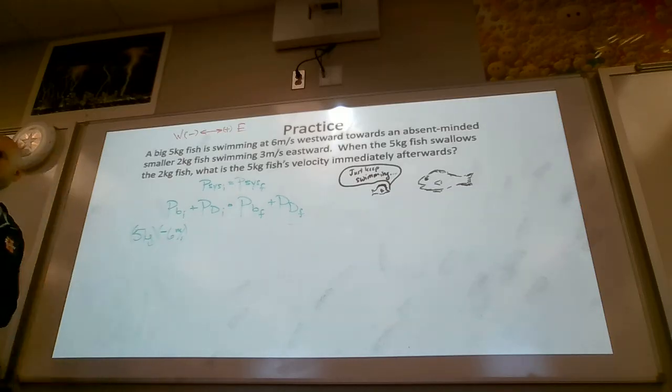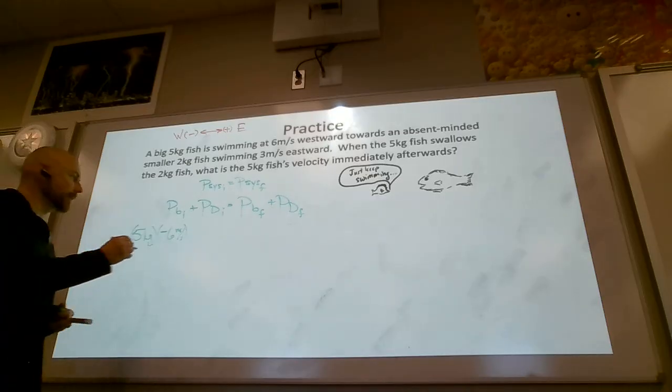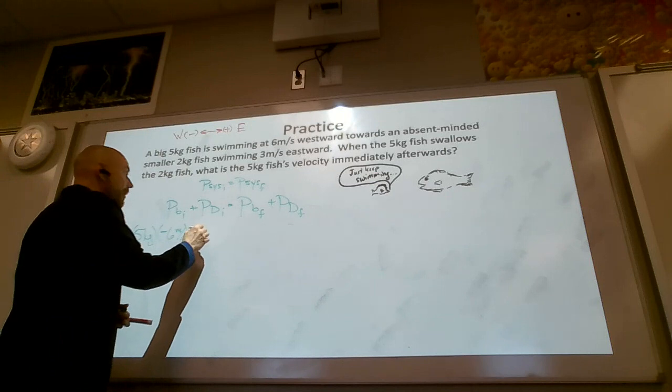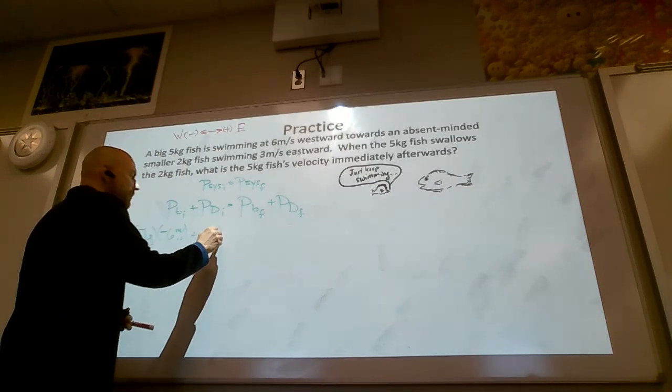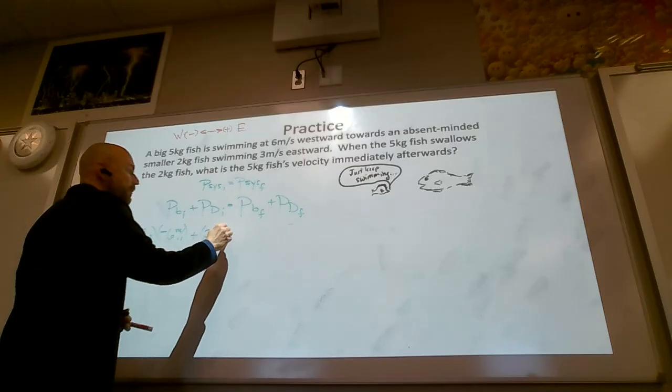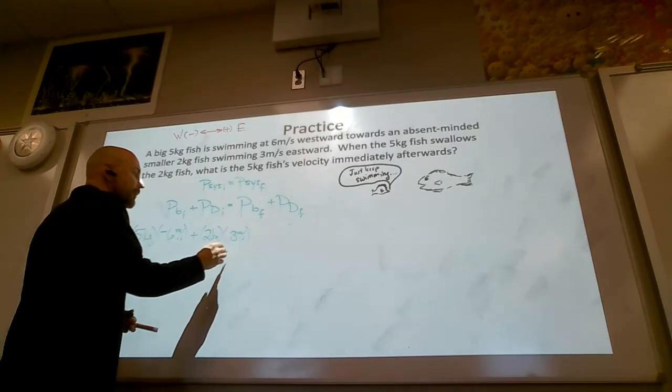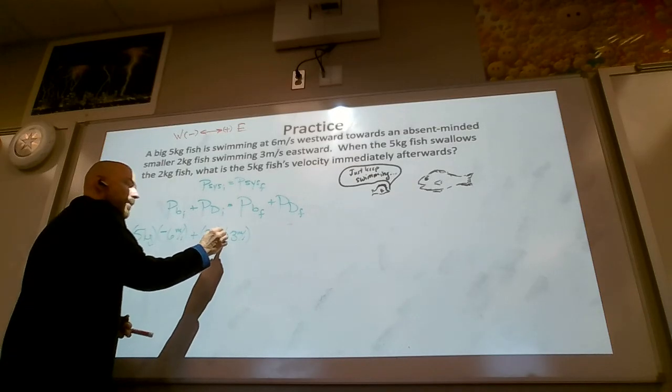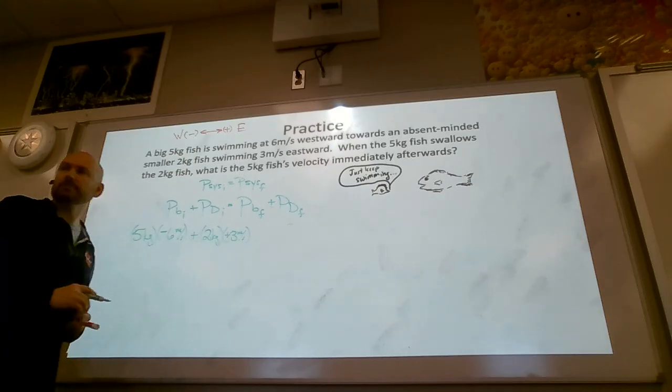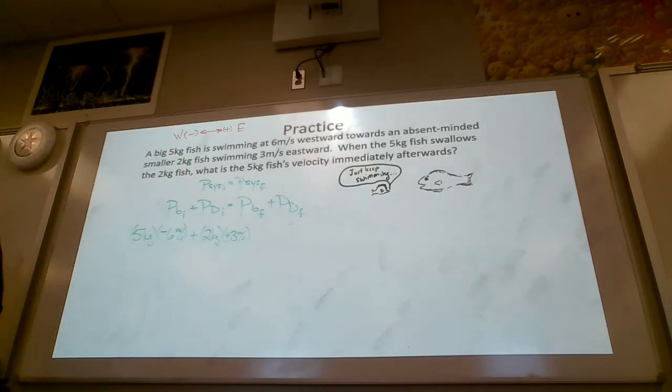That's essential. You have to determine that. Plus Dory's momentum, you have 2 kilograms, the mass, times the velocity of 3 meters per second eastward. That's going in the positive direction. Good with that?